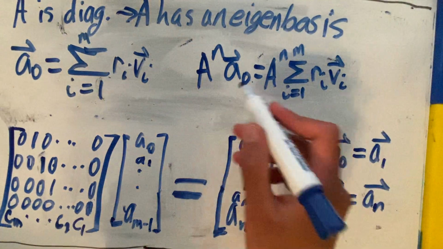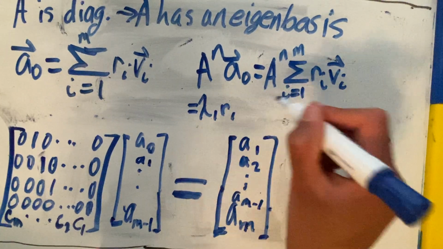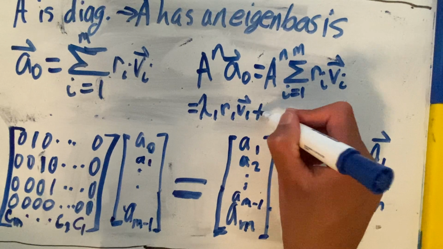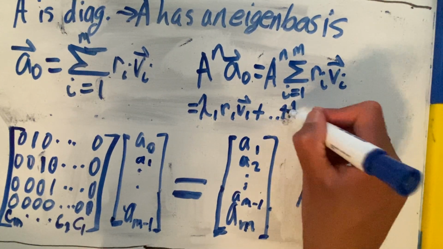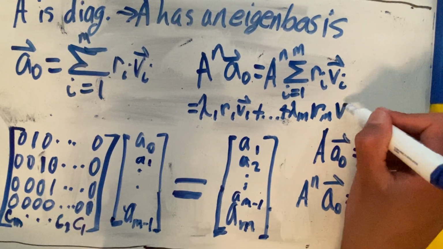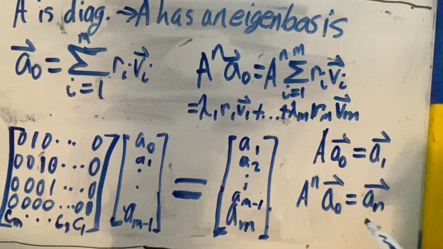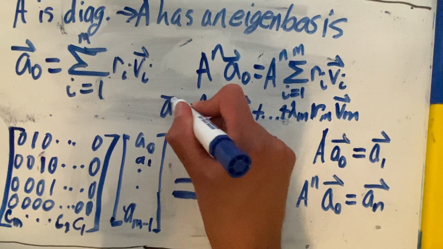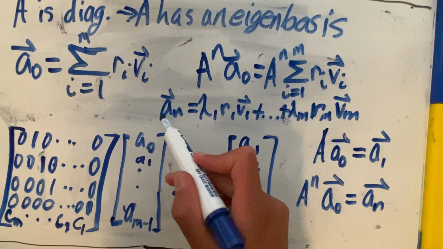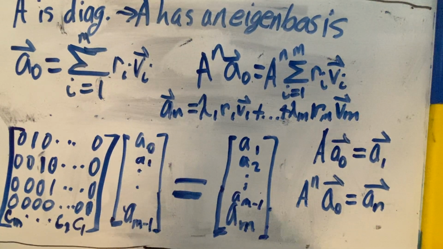And that's equal to lambda_1 to the n r_1 v_1 plus dot dot dot plus lambda_m to the n r_m v_m. And this is, recall, also equal to the a_n vector. And so in some way a_n contains the nth value of the recursive sequence, along with a number of other terms, but that's the one that you care about most.